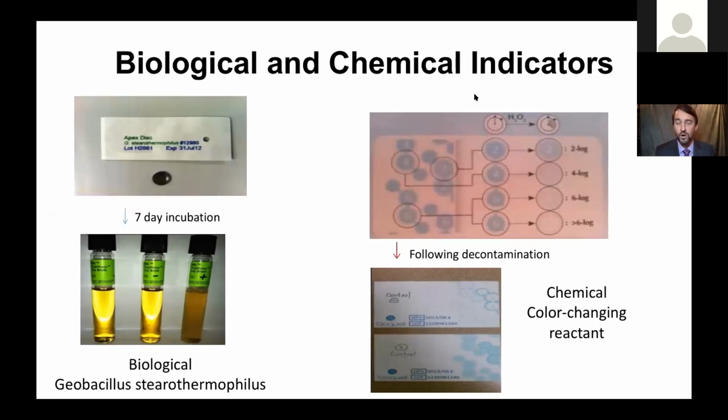But if your hospital is going to try to disinfect N95s, whether with UVC light or vaporized hydrogen peroxide, I would highly recommend you use biological or chemical indicators. The biological indicators take about 7 days to validate our procedures. But with a chemical indicator, you'll get a real-time visual change in color to show that the concentration of the disinfectant has been achieved.